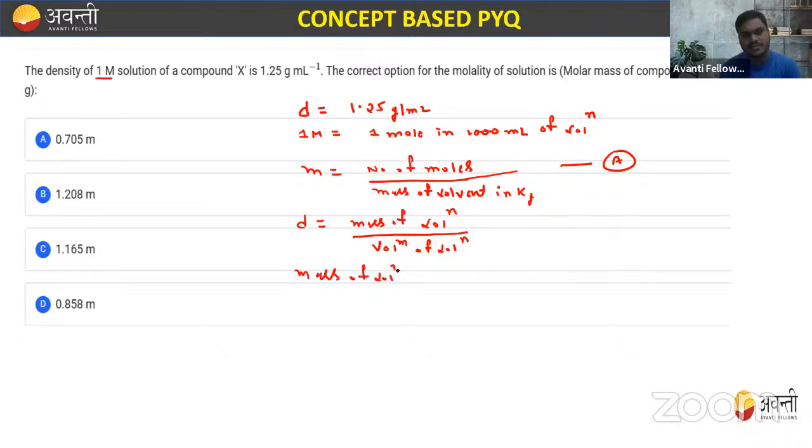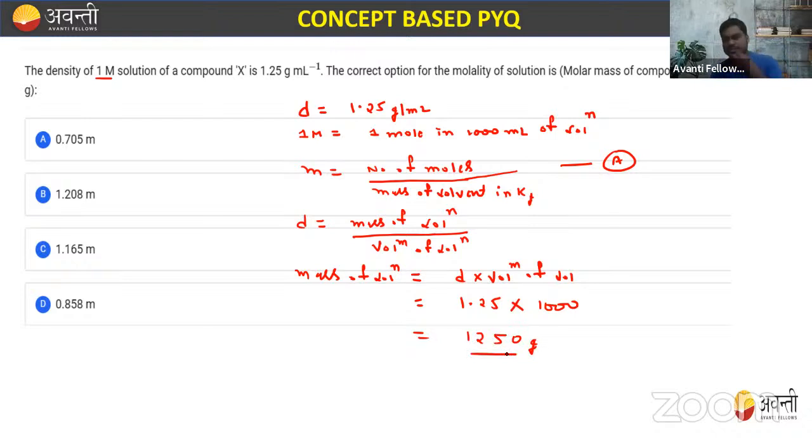Mass of solution comes out to be density into volume of solution. Okay. So what is density here? So we know that density is given, that is 1.25 gram. And what is the volume of the solution? So the volume is also, we know that is 1000 ml. So on solving, you'll get 1250 gram. So this is the mass of the solution.